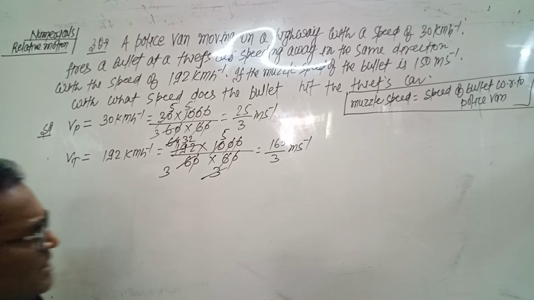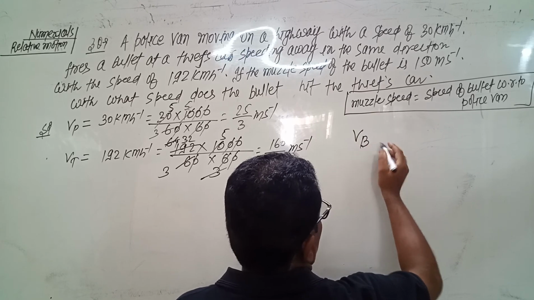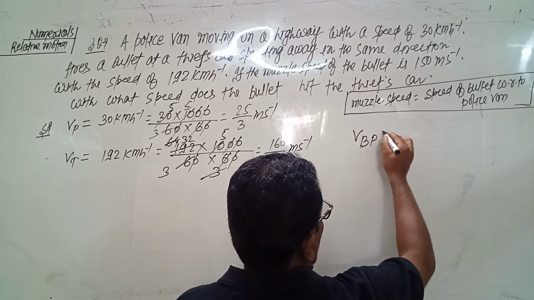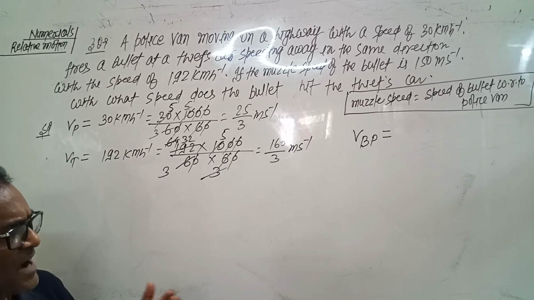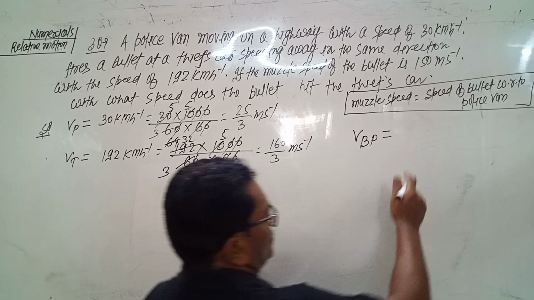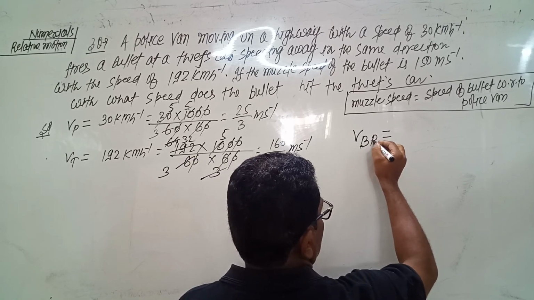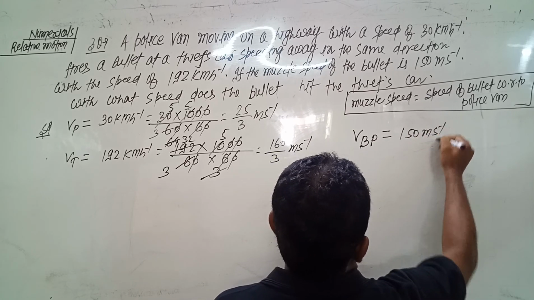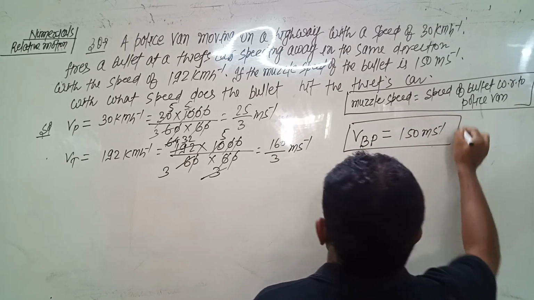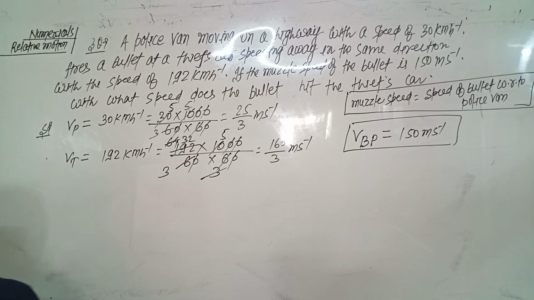And what we have been given? We have also been given the speed of bullet with respect to the police van, VBP, because the bullet is fired from the police van. So speed of bullet with respect to police van is given 150 meter per second.